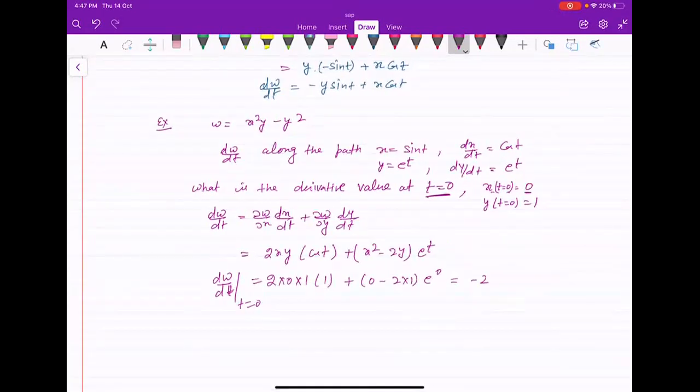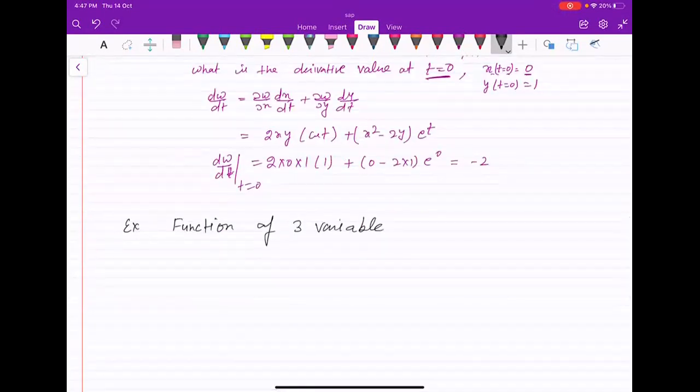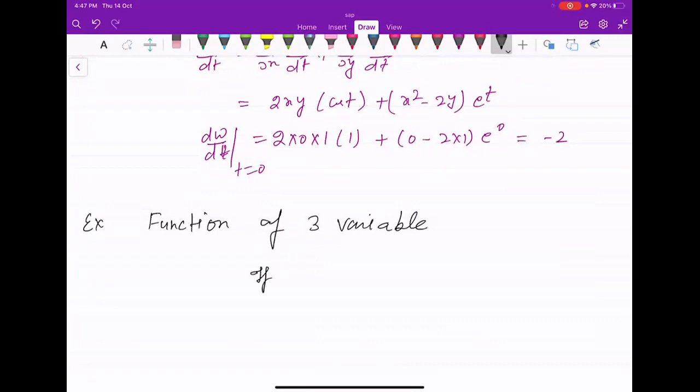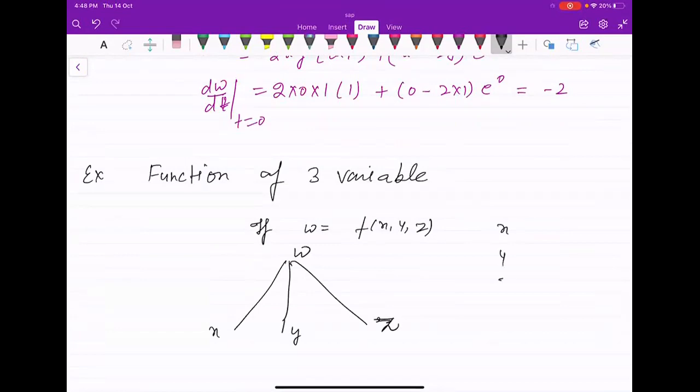Now one more problem, function of 3 variables. It is a similar kind of problem, not too much different. If w is the function of 3 variables x, y, z, and x, y, z are associated with t, I'm writing directly by diagram: x, y, and z are the functions of t.